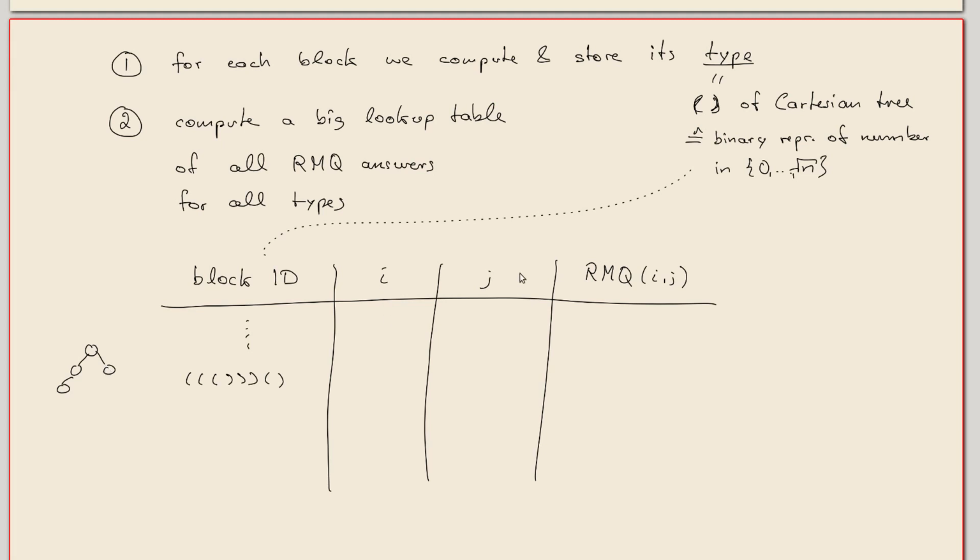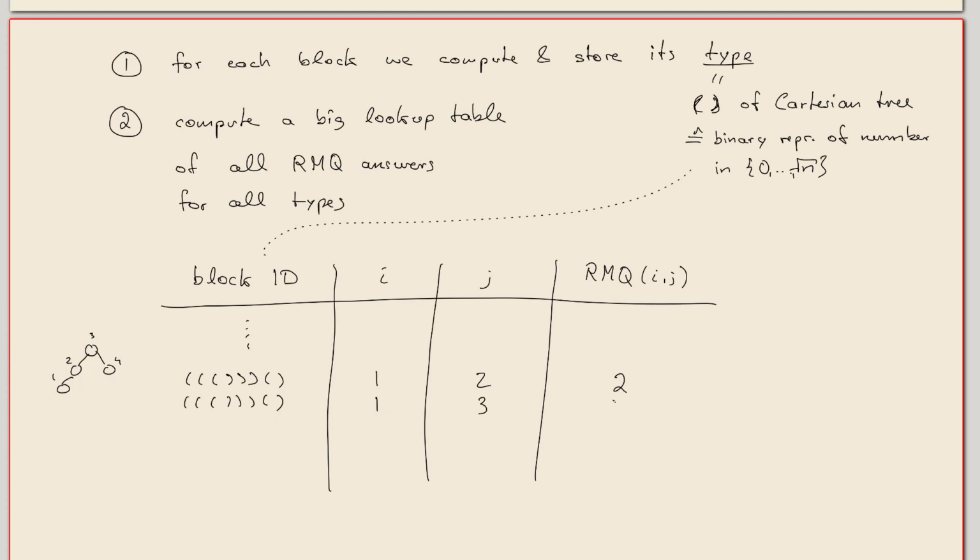Now i and j can be numbers between 1 and 4. So we'll just have all possible combinations. And in that tree, so it'll be 1, 2, 3, 4. Comparing 1 and 2, 2 is higher up in the tree, so it's the lowest common ancestor, so we'll store 2. Then we'll have the same tree, and we'll have 1, 3.